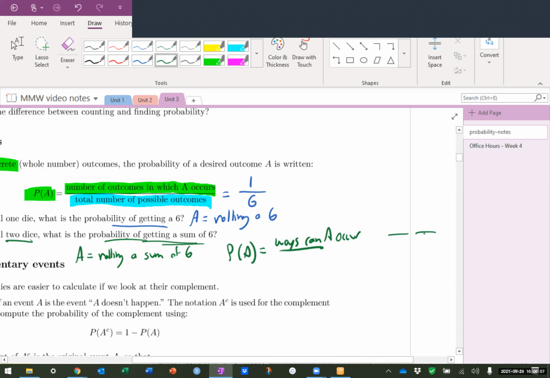So we're rolling 2 dice. One way that it can occur is you roll a 1 and a 5. That adds up to a 6. Another way you could do it is a 2 and a 3. That adds up to a 6. Oh, that's not right. 2 and a 4 adds up to a 6. So that's one way, 2 ways. Third way, you could maybe do 3 and 3, okay?